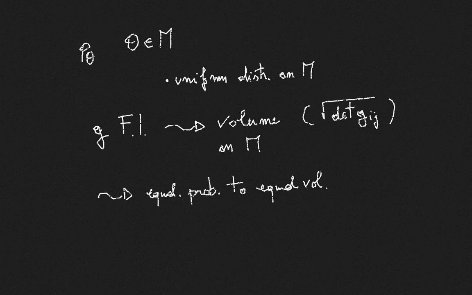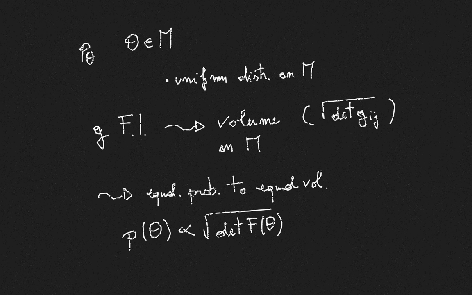And this is what is called Jeffreys prior, I think. So your probability of theta, of the parameter theta to be chosen for a Bayesian inference, for example, is proportional to the square root of the determinant of the Fisher information matrix.